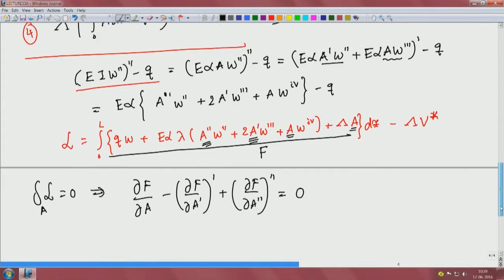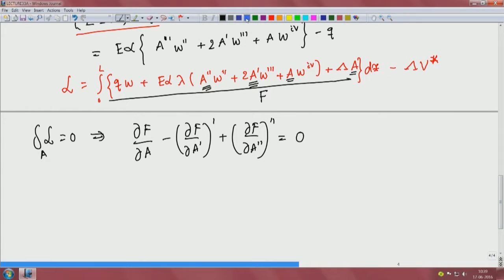So, based on this we can write the terms. dou f by dou a is in 2 places. One is this E alpha lambda into w fourth derivative, that is what is multiplying a, and then we also have uppercase lambda, okay, that is the first portion. So, that is that. Let us use color coding.